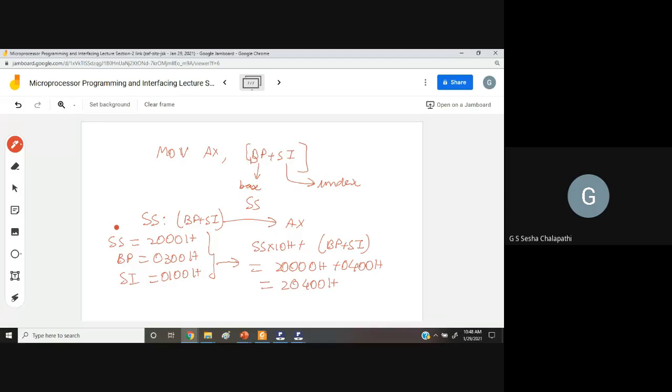So this will be the memory location. It will go to a memory location, let us say 20400H and 20401H. Let us say it is 12 and 34. Now the AX value will become 3412H.